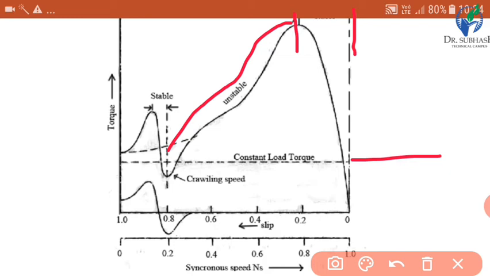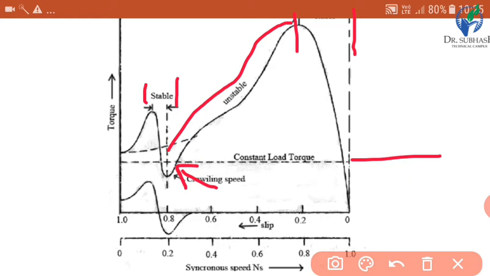Now here we can see the crawling speed. This is the crawling speed. We can say that it is almost 1/7 of the synchronous speed. So in this case also there is a stable region. This one is the stable region.